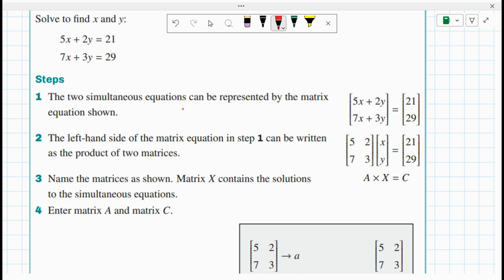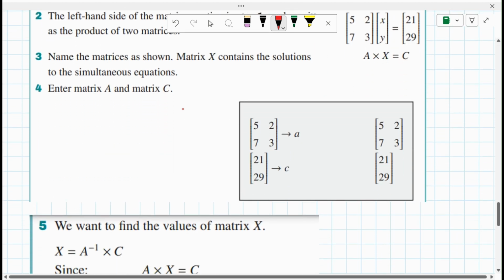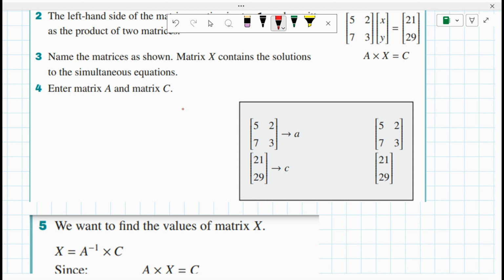The left-hand side can be written as the matrix 5, 2, 7, 3 times x and y, equal to 21 and 29. Then name the matrix X as your solution for x and y. Enter the matrix A, which is 5, 2, 7, 3, and then 21 and 29 is C. So that's how that works.